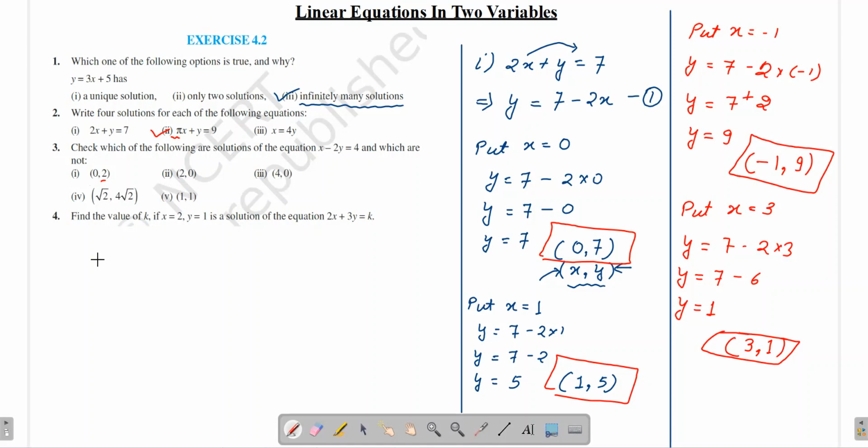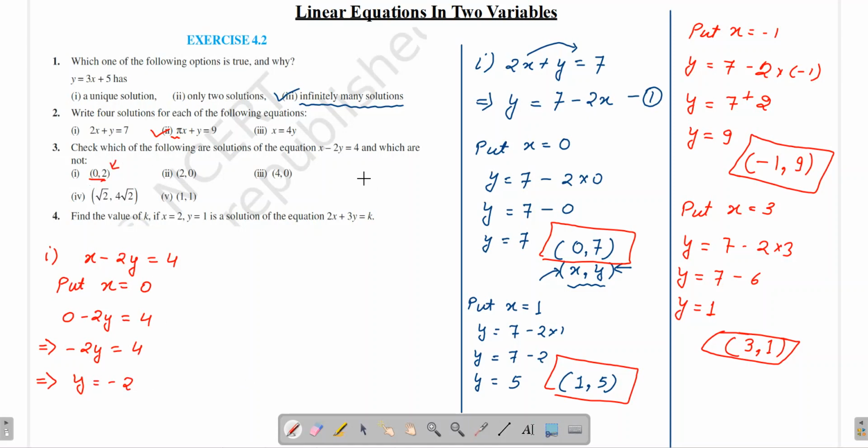Take a deep breath and then let's wait for the solutions. Okay, so now let's take the first example only. The question is x minus 2y is equals to 4. If I will put x is equals to 0 as it is given over here, we'll get 0 minus 2y is equals to 4, or minus 2y is equals to 4, and if I divide both sides by minus 2, I'll be getting y as minus 2.